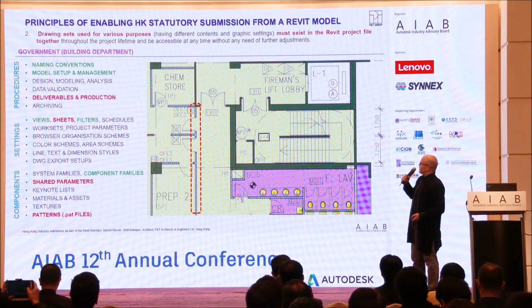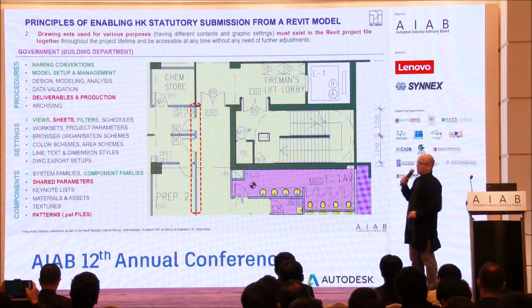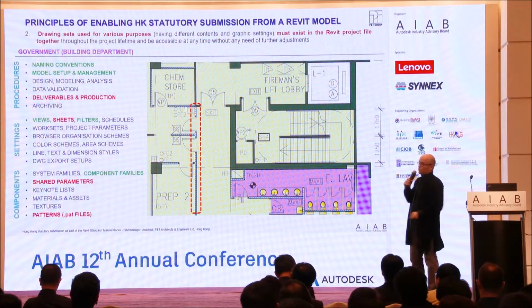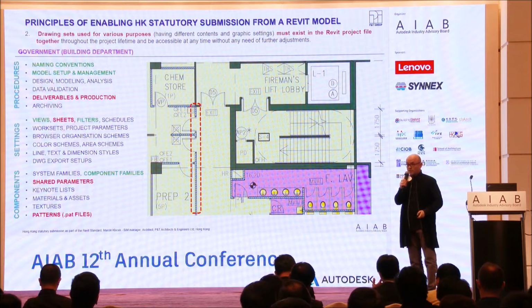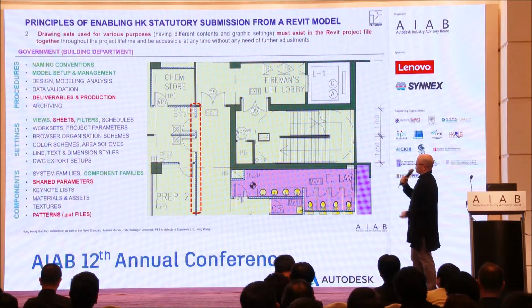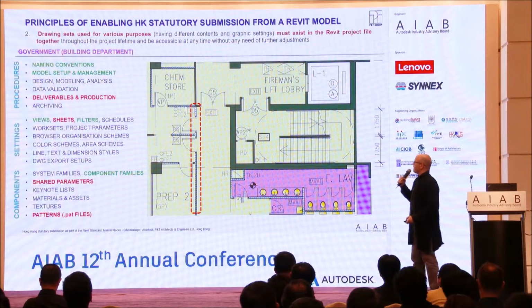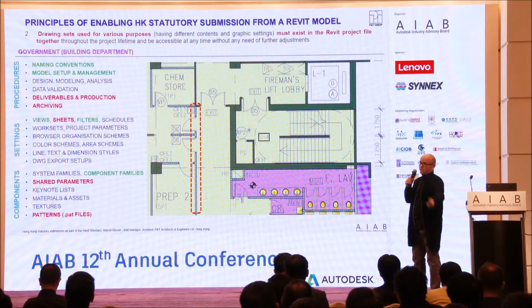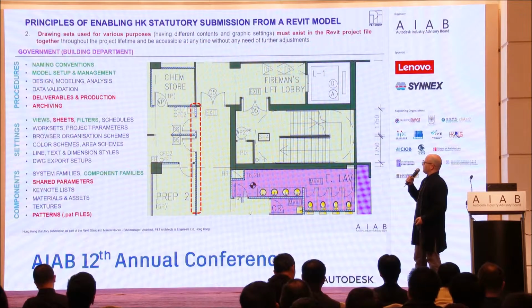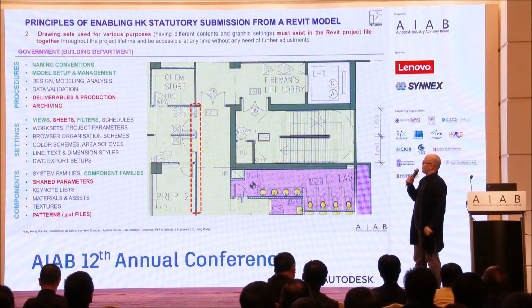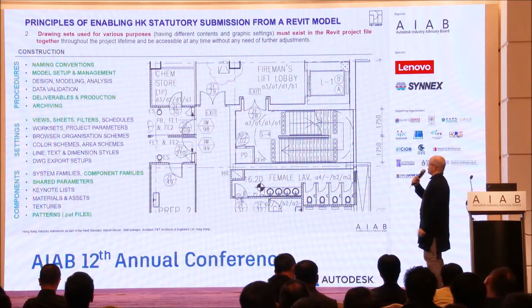And deliverables and productions, to actually make a PDF out of it which will look exactly as on the screen, which is easier said than done in Revit, because normally when you export this to PDF, you will lose it, believe it or not. And archiving: after we successfully submit our BD, we need to keep it because we will need it in future. And there's also a construction drawing.